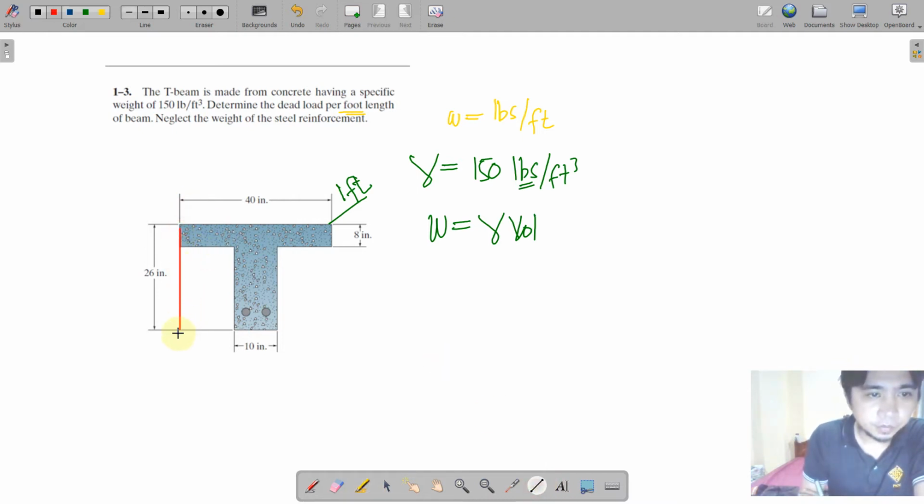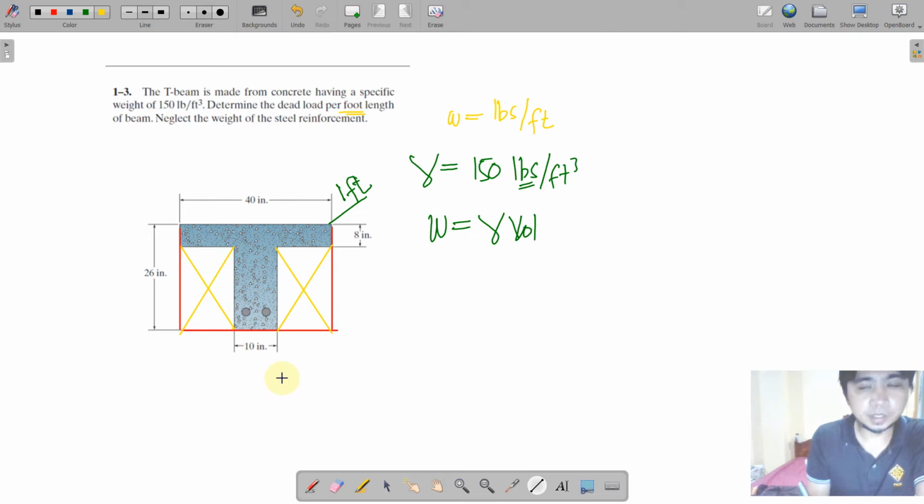I'll just have to draw a large rectangle. Bubuin mo yan, and then just deduct this portion. We just deduct this portion, right? We just deduct this 2 rectangles in it as an option to come up with the area of the T-beam.